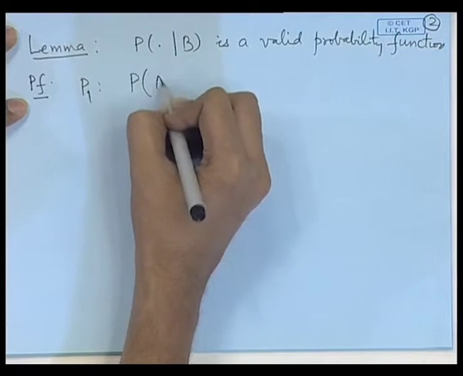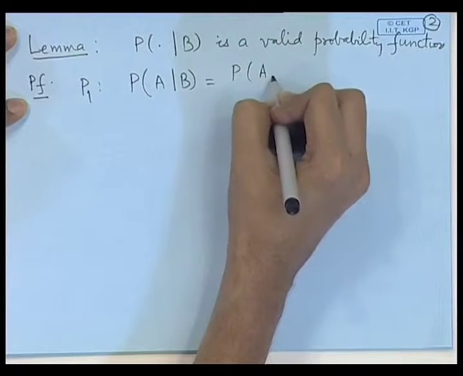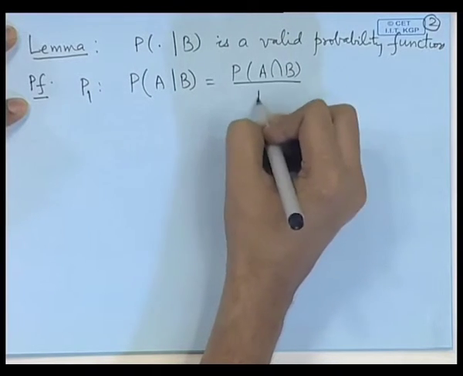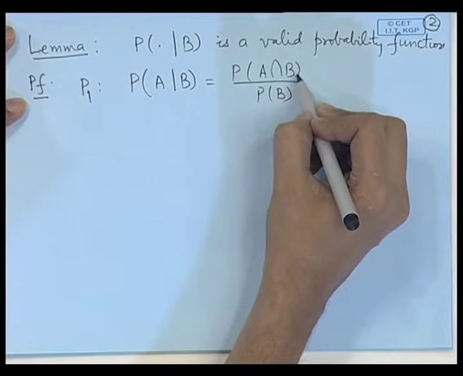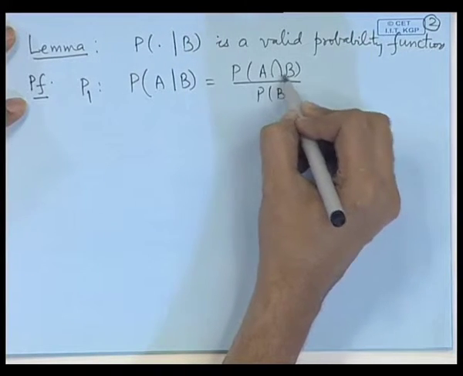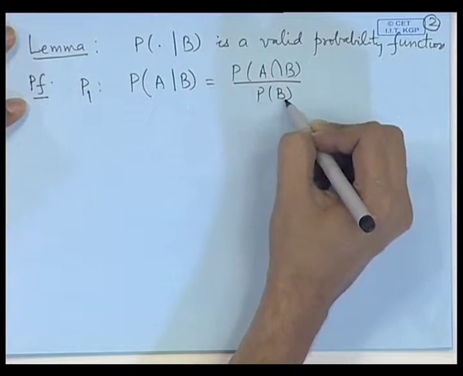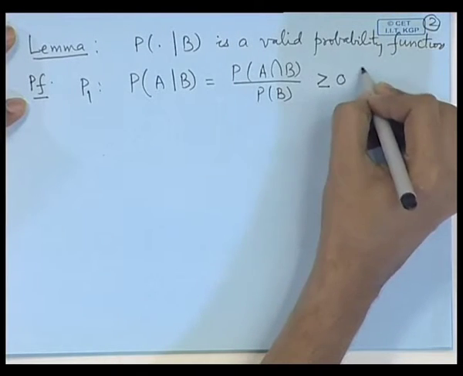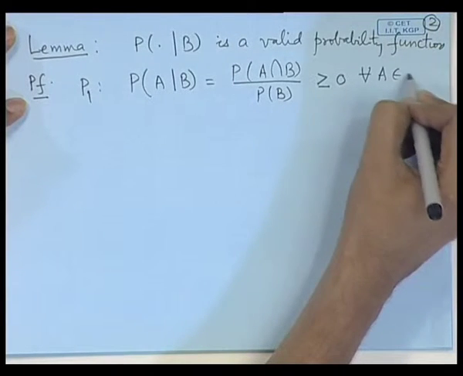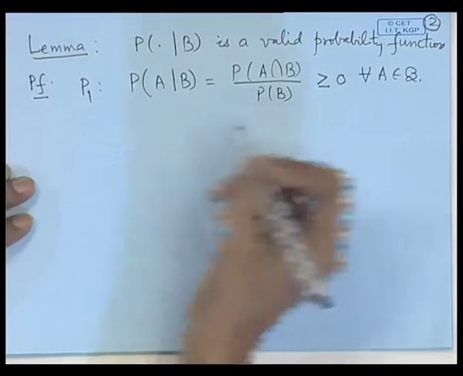P(A given B) is equal to P(A intersection B) divided by P(B). P(A intersection B) is always greater than or equal to 0, and P(B) is strictly positive. Therefore this is always greater than or equal to 0 for all events A. So the first axiom is satisfied.